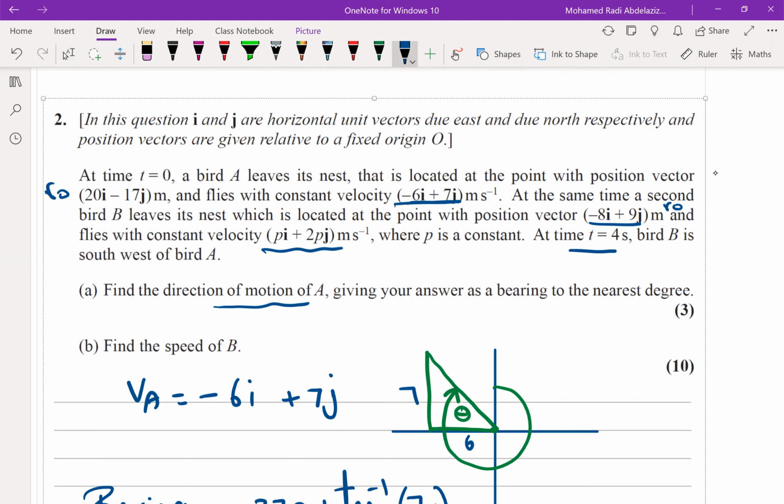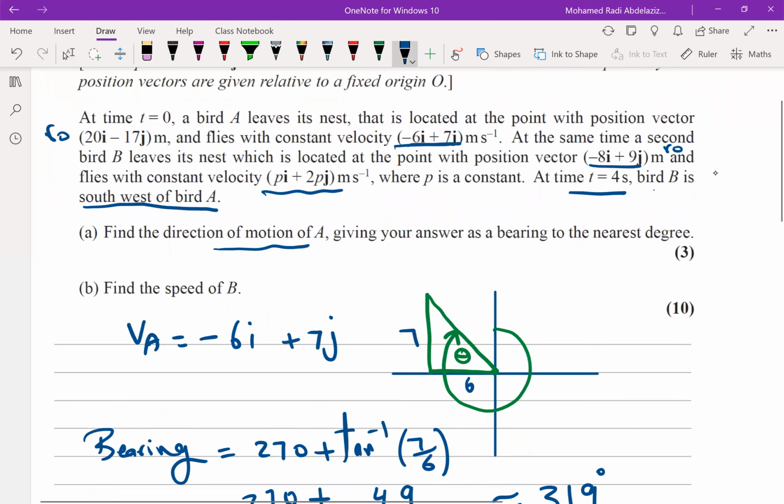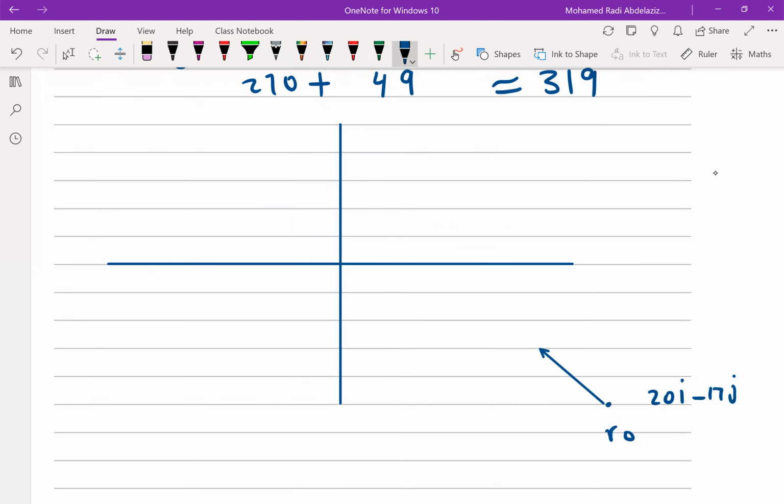At time 4, bird B is southwest of bird A. So I will try now to get the position of each after 4 seconds. Let's start now with A.